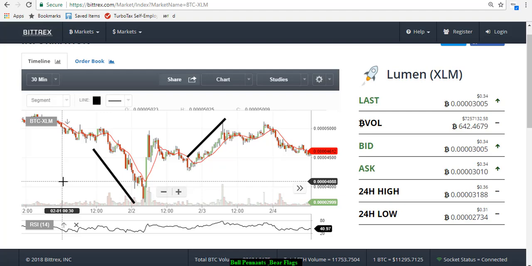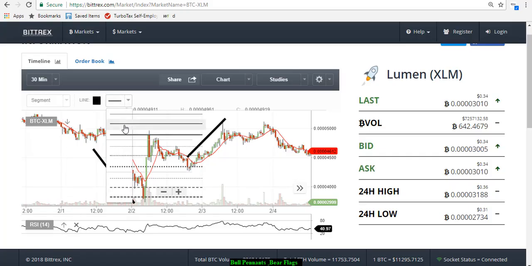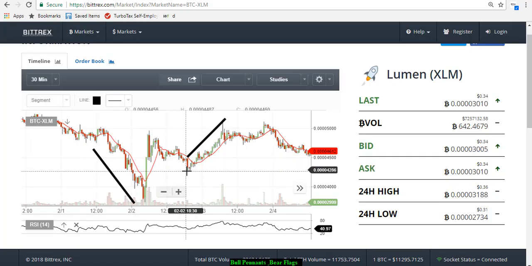So in order for a bull pennant or flag to exist, it has to be above the moving average, and it's going to be a breakout into a consolidation, which is an area of low volatility or volume, and then back into a breakout.